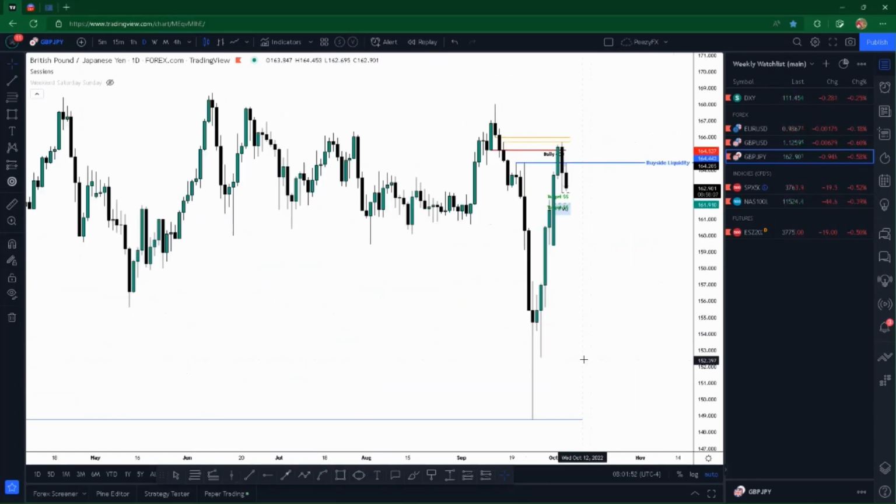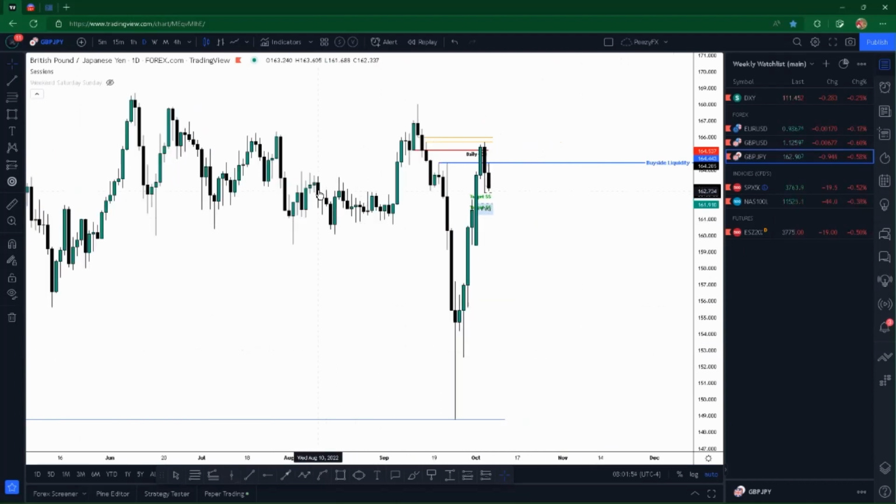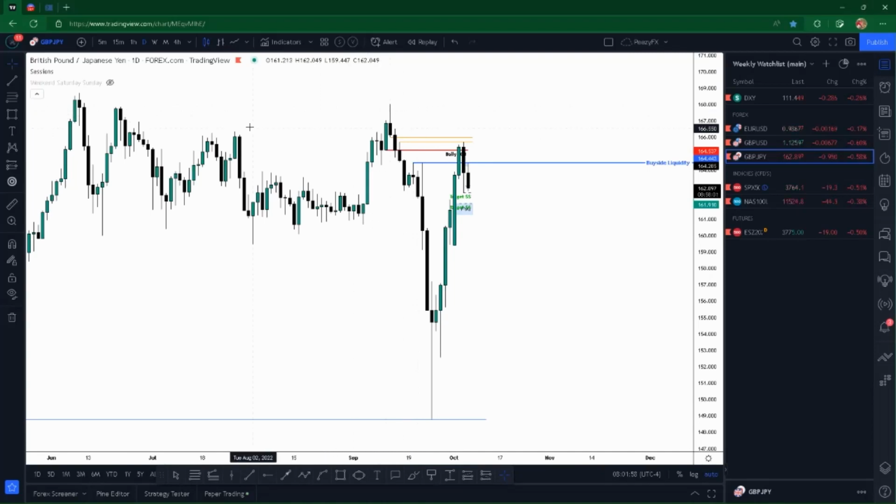We got this accumulation, manipulation to the upside, clearing out buy side liquidity, and then a huge displacement. And price traded all the way back up here.